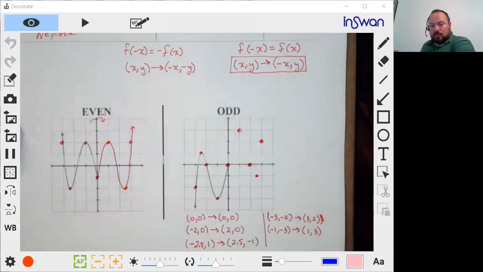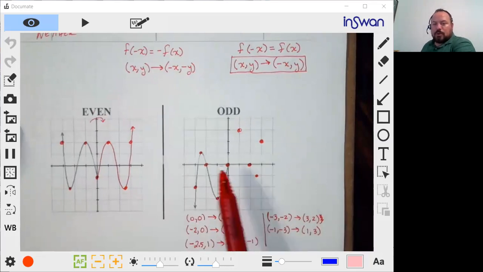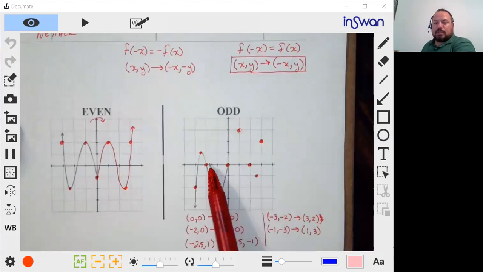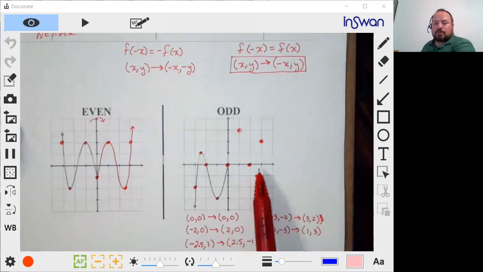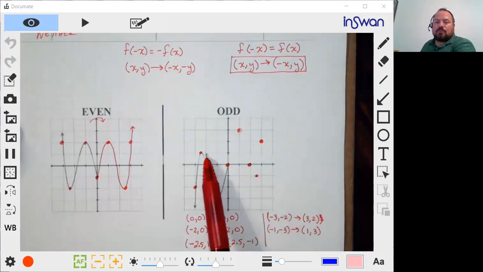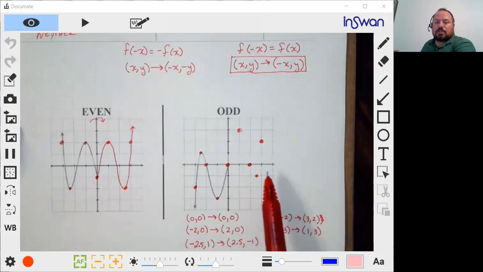So 0, 0 stays at 0, 0, but this point here at negative 2, 0 is going to change to be at positive 2, 0, and this point at negative 2.5, positive 1, is going to move to positive 2.5, negative 1.